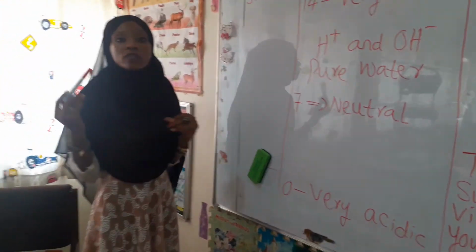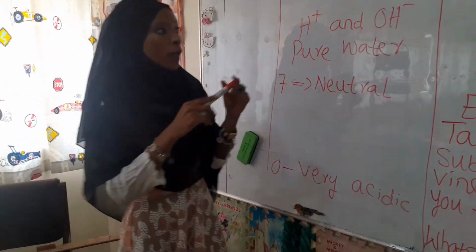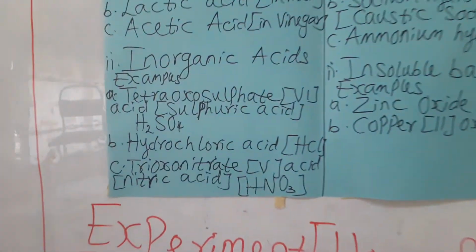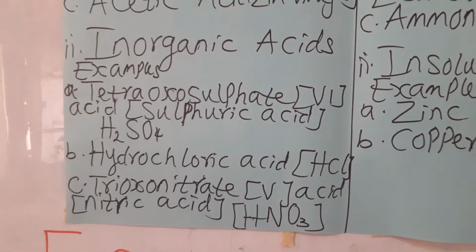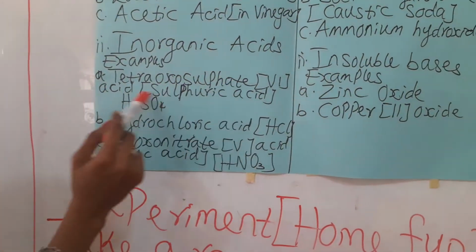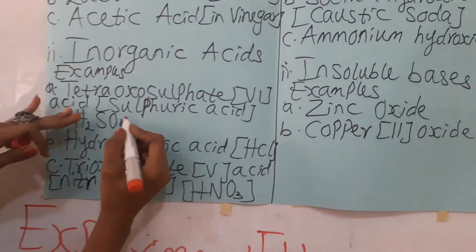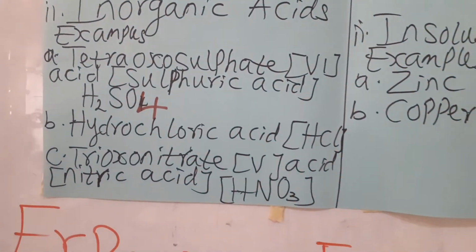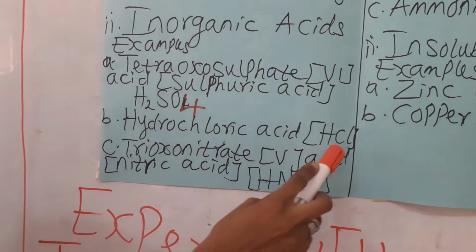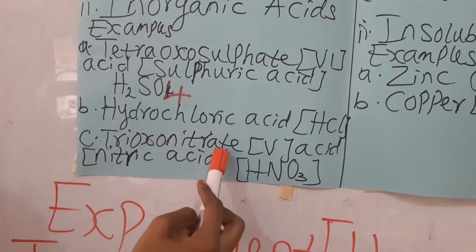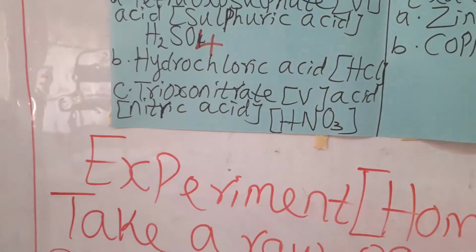I know most of you use vinegar at home to cook. And we have inorganic acids. These are acids that do not occur naturally. Examples are tetraoxosulfate 6 acid, that's sulfuric acid, and here is the formula for it, H2SO4. We have hydrochloric acid, that's HCl. We have trioxonitrate 5 acid, that's nitric acid.